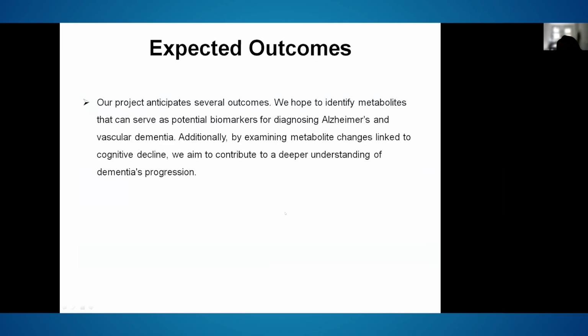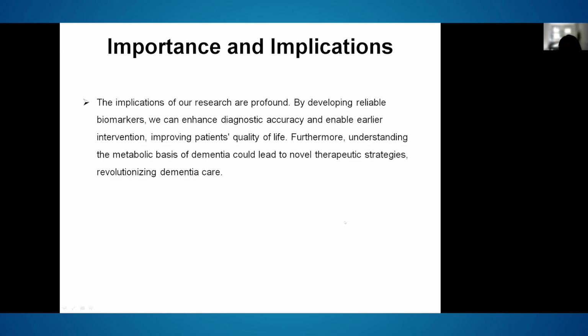Our project anticipates several outcomes. We hope to identify metabolites that can serve as potential biomarkers for diagnosing Alzheimer's and vascular dementia. Additionally, by examining metabolite changes linked to cognitive decline, we aim to contribute to a deeper understanding of dementia progression.